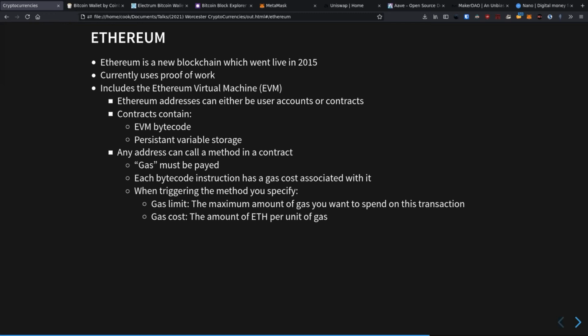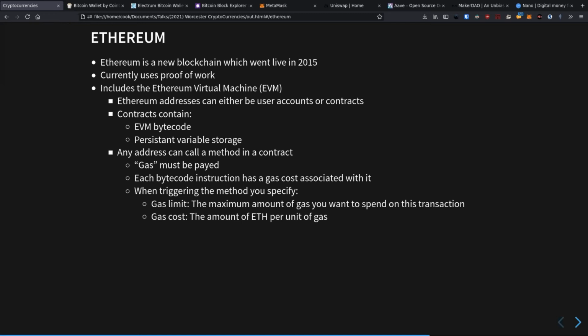So complicated instructions will have a higher gas cost, and easier instructions will have a lower gas cost. So it should even out, so that if you want to run a very complicated smart contract, you'll have to pay a high fee, because obviously that will use more execution time on the nodes running it, and it will use more memory space or whatever.